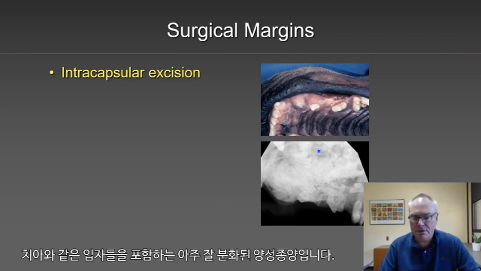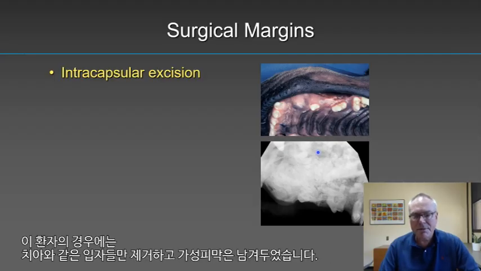An odontoma is a very, very benign tumor consisting of very well differentiated tooth-like particles. In this particular case, you can just remove those tooth-like particles, leaving the pseudocapsule behind.